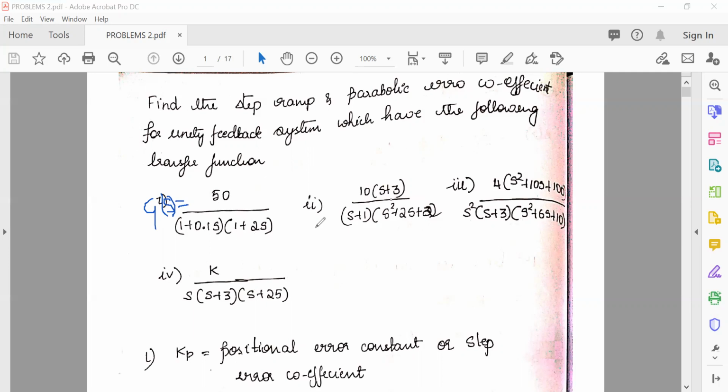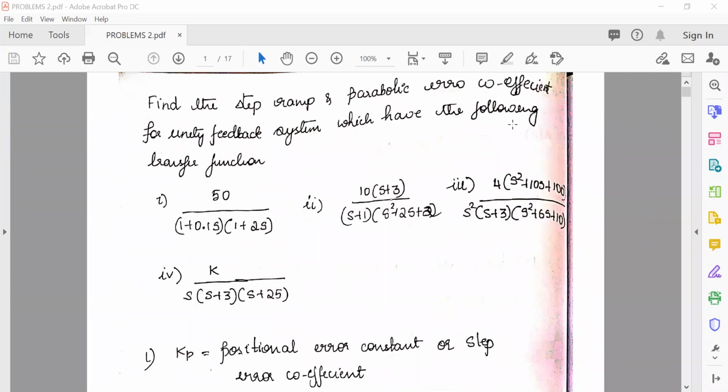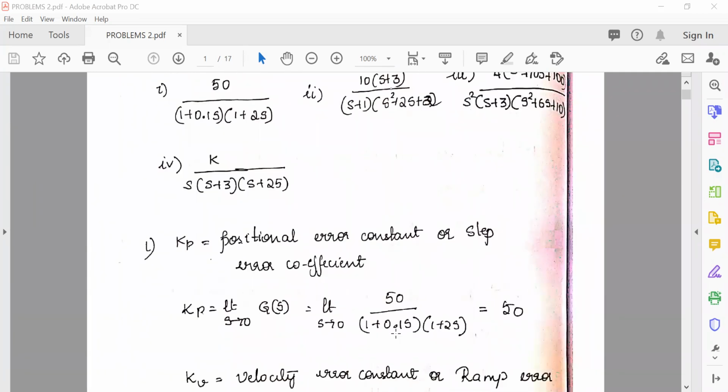Considering the first one now, the positional error coefficient or the step error coefficient, which is one and the same, will be the limit as s tends to 0 of g of s into h of s. Here h of s is 1, so I have just written it as g of s.